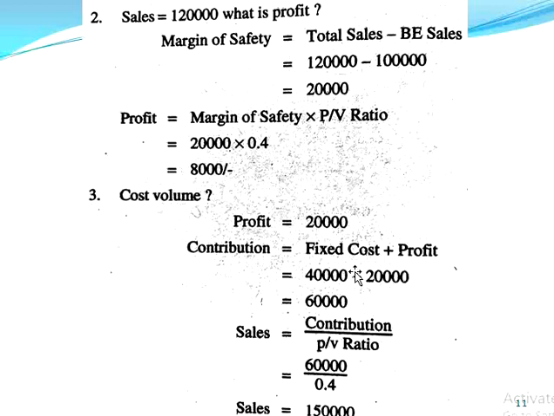Profit 20,000, fixed cost 40,000, so contribution is 60,000. Sale is equal to contribution divided by PV ratio: contribution 60,000, PV ratio 0.40, so sale is 1,50,000. So we need to sell 1,50,000 to get 20,000 profit.